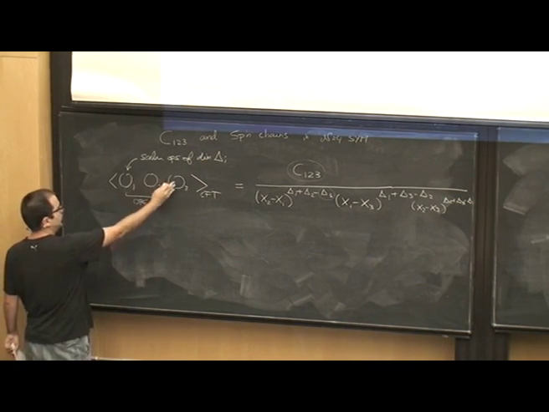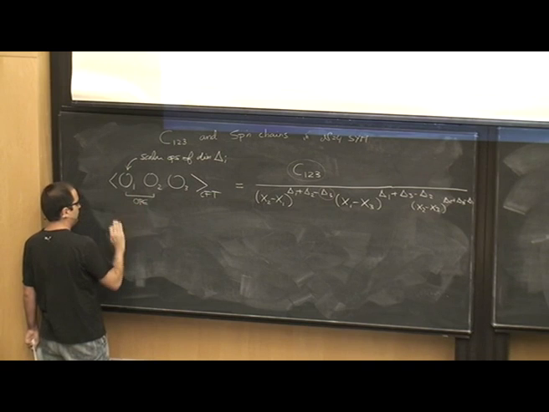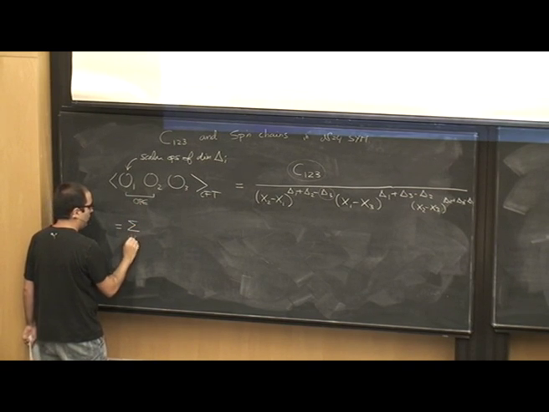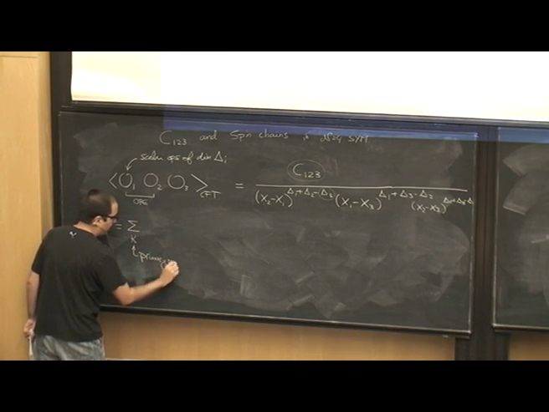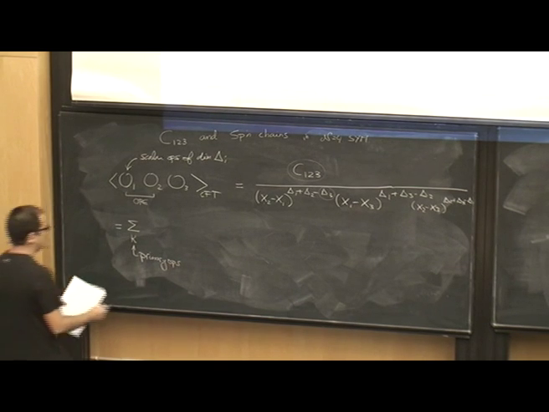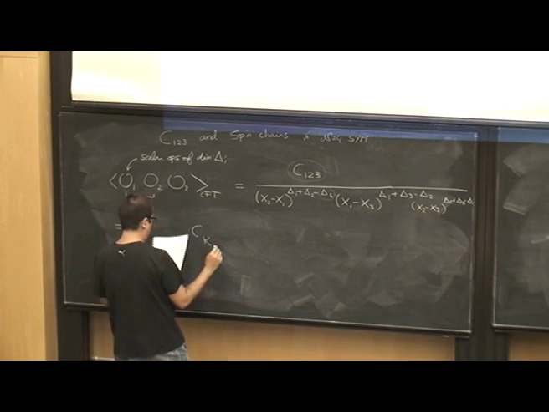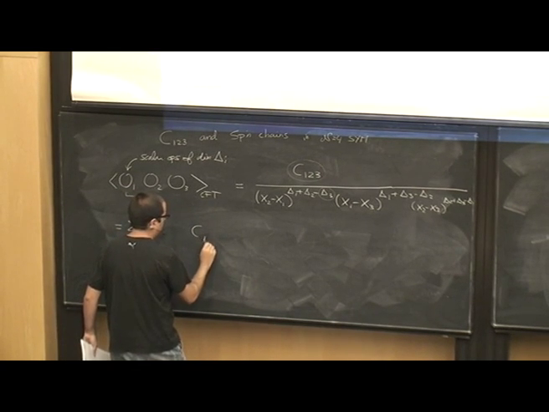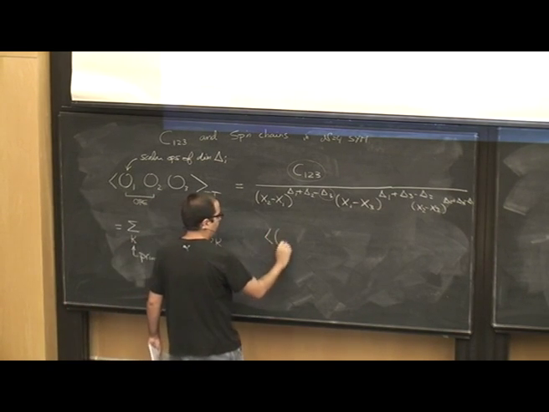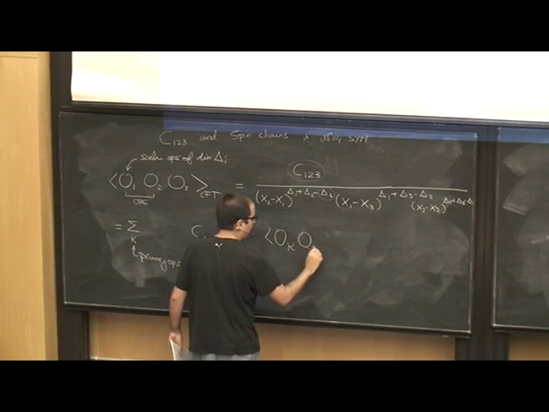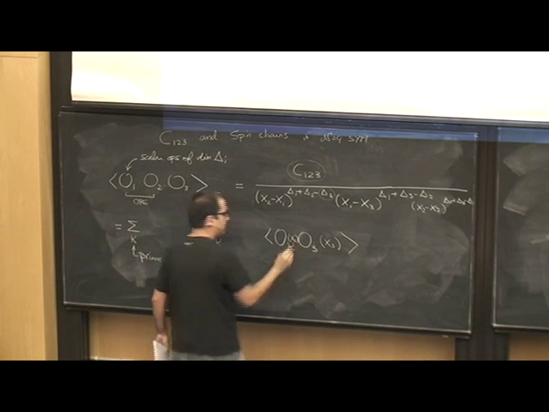We take these two points to be close and the third point to be far away, and we replace these two points by a sum over all primary operators, with a structure constant C_k. The OPE between operator 1 and 2 produces operator k, and then I have the three-point function between operator O_k and operator O3, which is at x2.